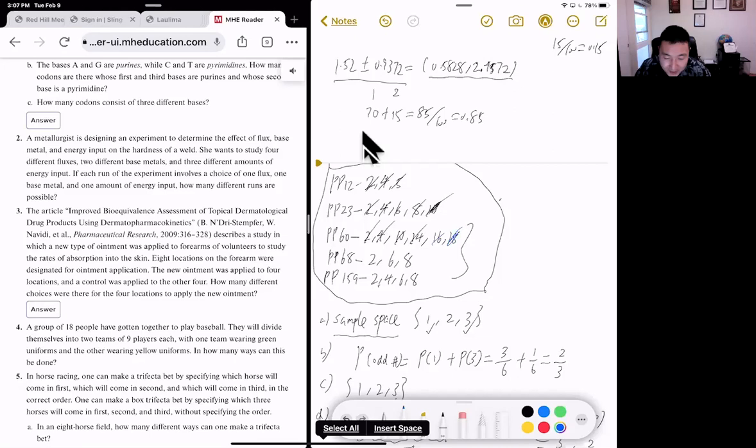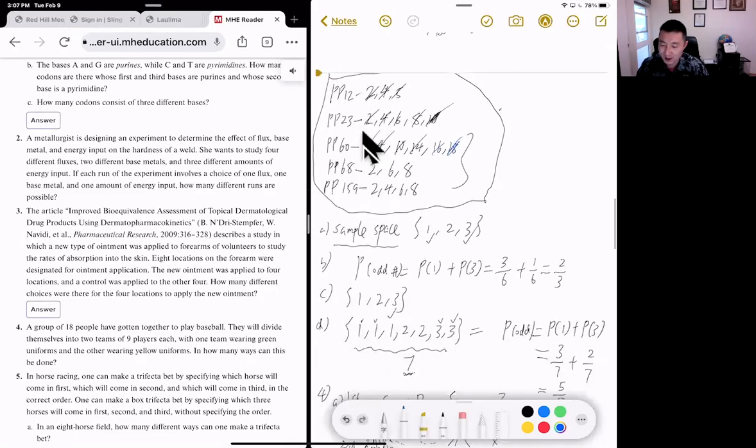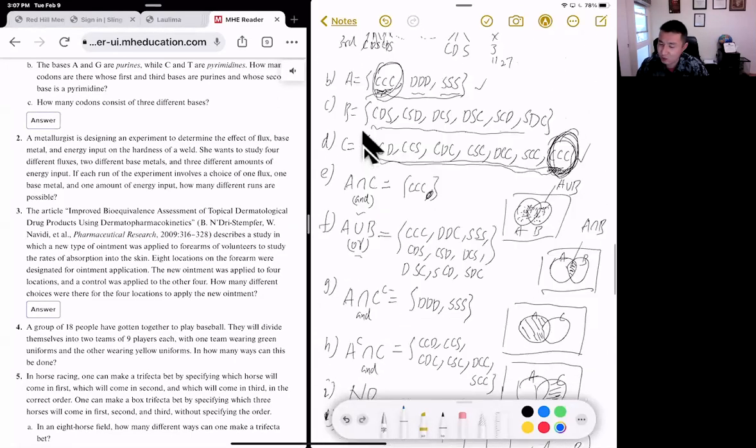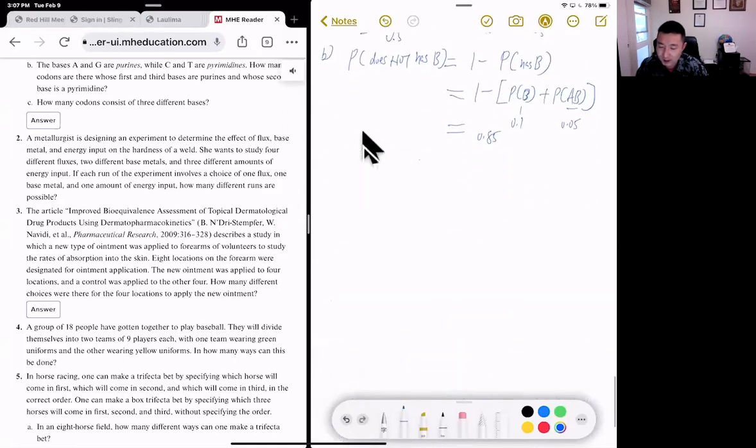A metallurgist is designing an experiment to determine the effect of flux, base metal, and energy input on the hardness of the weld. I don't think we have a class on welding. Basically when you do welding, the property of the weld depends on many factors. Here it tells us to determine the effect of the flux, the base metal, and also the energy.